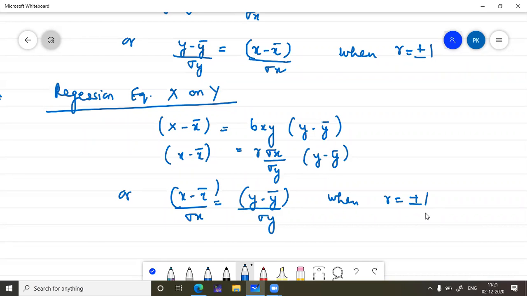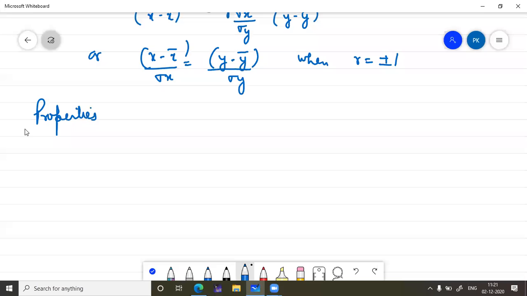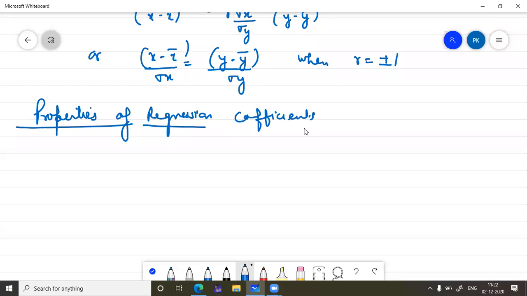Next, I'm writing down some more properties of the regression coefficients. Regression coefficients, which are byx and bxy.